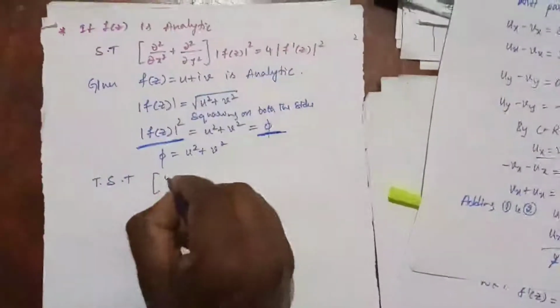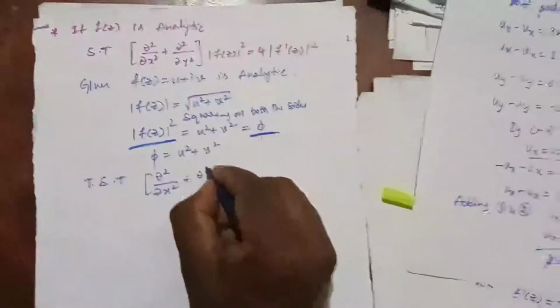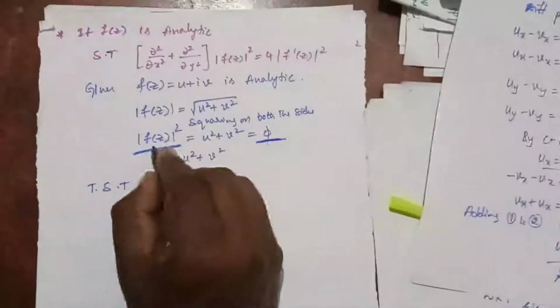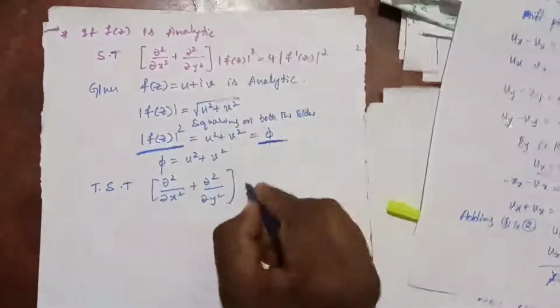Now, to show that, here this is our given result: dou square by dou x square plus dou square by dou y square. Instead of writing modulus of f of z whole square, we write this as phi.